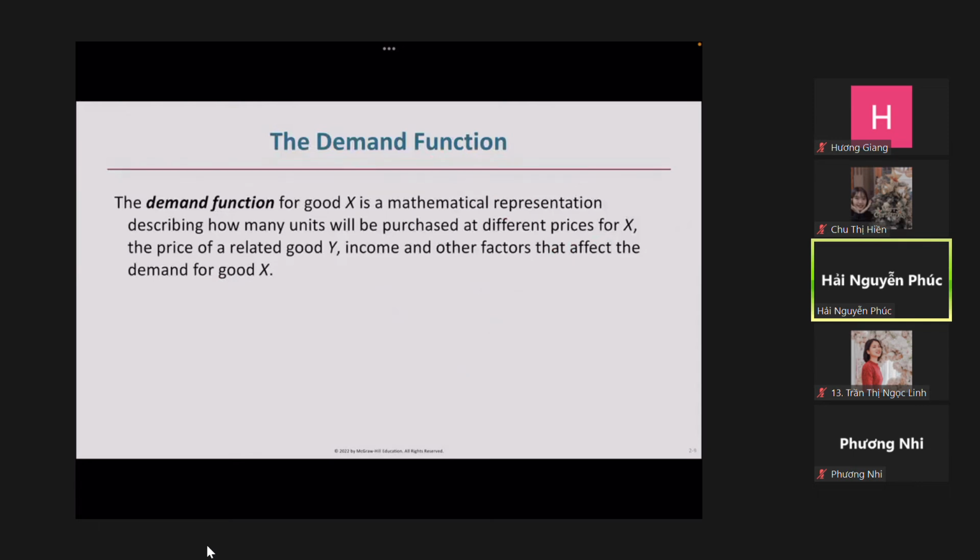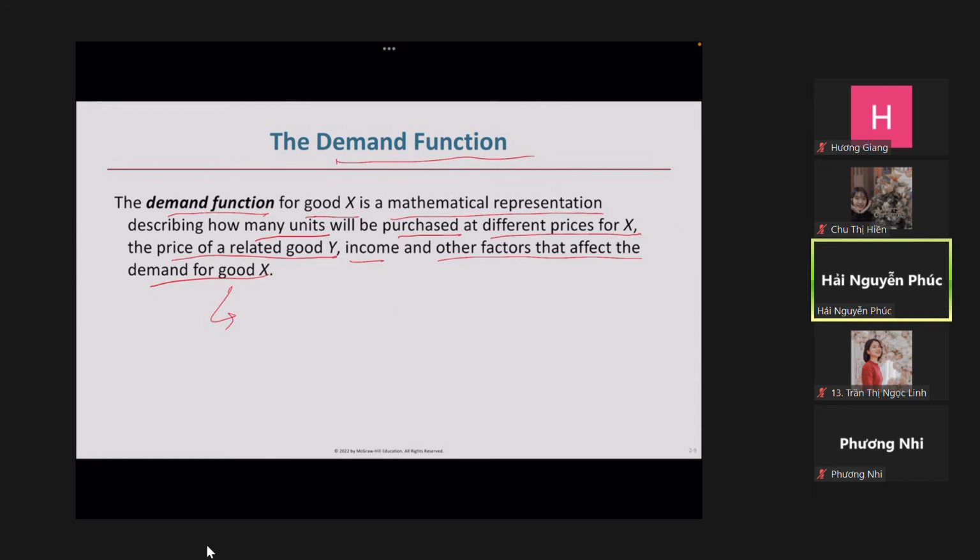Alright. Now we're going to talk about the demand function. A demand function for a good, for example good X, is a mathematical representation of how many units would be bought at different prices for good X, the price of related goods, income, and other factors that affect the demand for good X. Basically, the general formula for the demand function is the following.